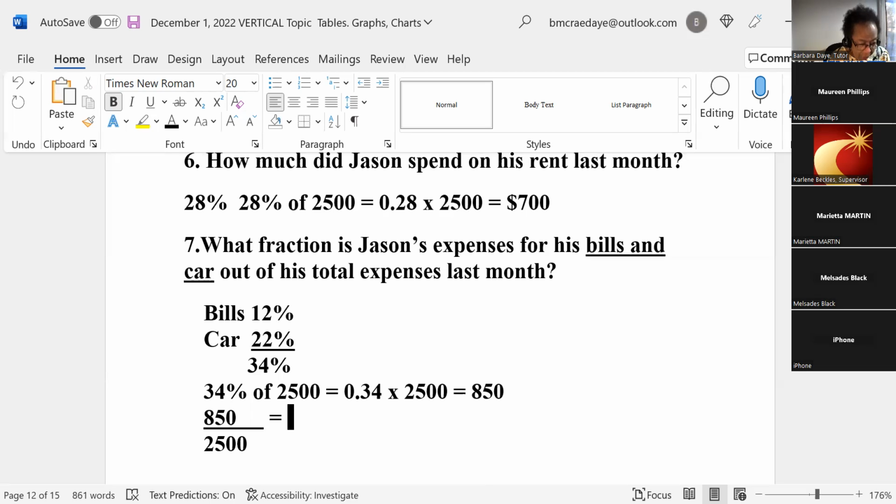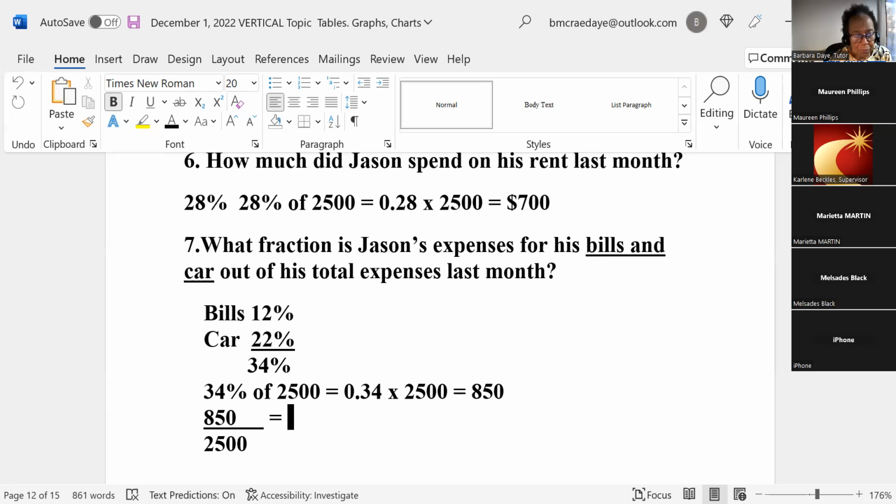Maureen, what did you get? Let me see. When you divide that out, Maureen, what did you get? I divided 850 divided by 2,500.